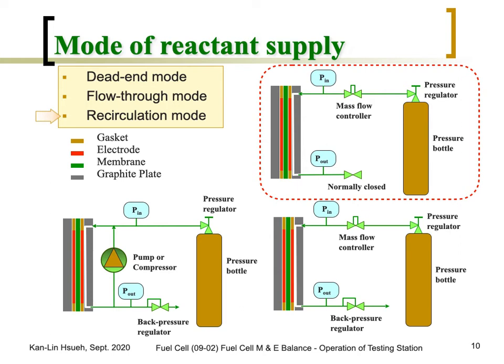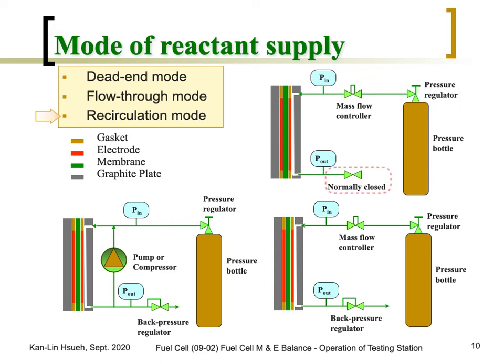On the right-hand side is the hydrogen tank, and it goes to a mass flow controller. And then on the exhaust side, we have a pressure control, and then there's a control valve. Normally it's closed. Because this control valve is normally closed, we call it a dead end mode.